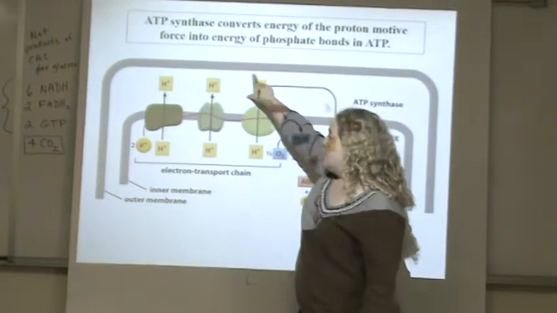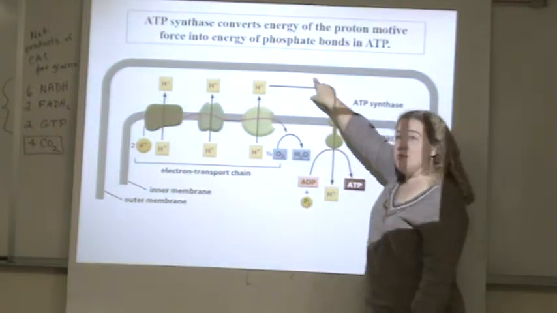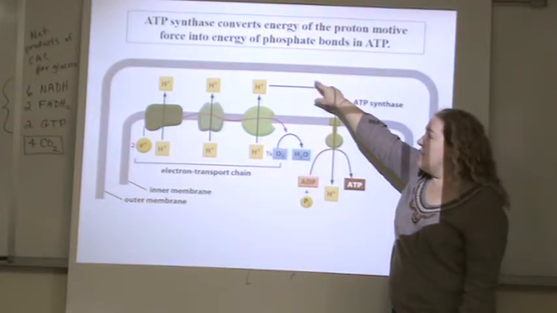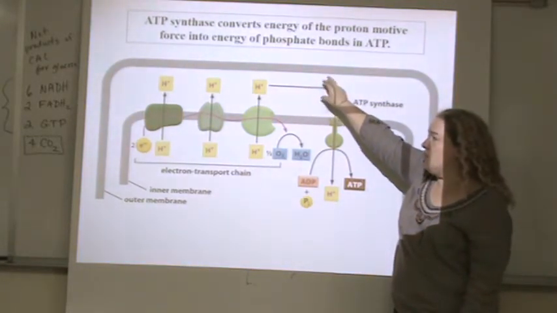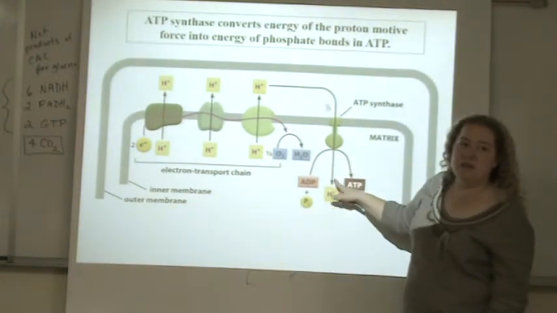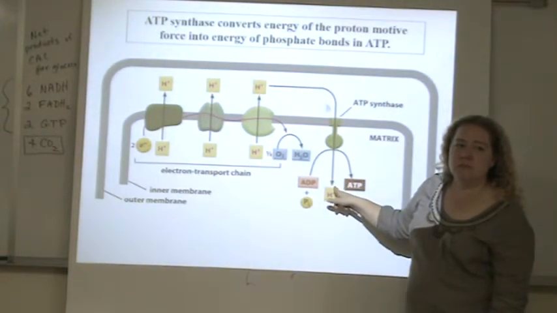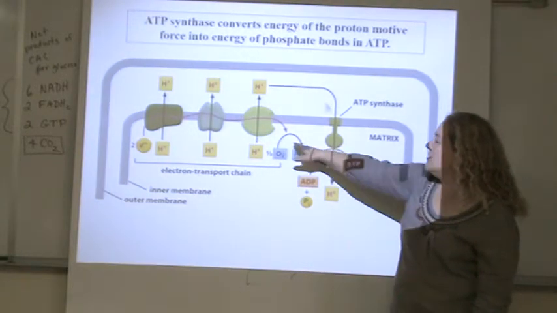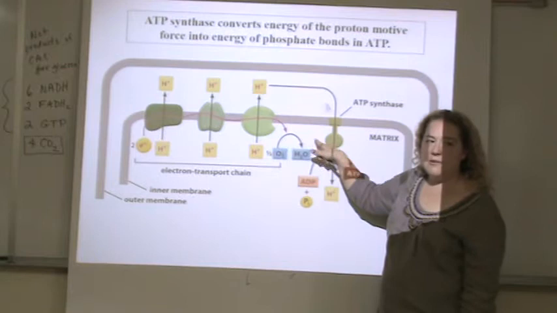During that process, protons have been pushed across the membrane. They've accumulated here. They are bouncing off of each other. They're very crowded. They can flow through ATP synthase. That's where the ATP gets made. But ATP synthase is not getting any electrons.